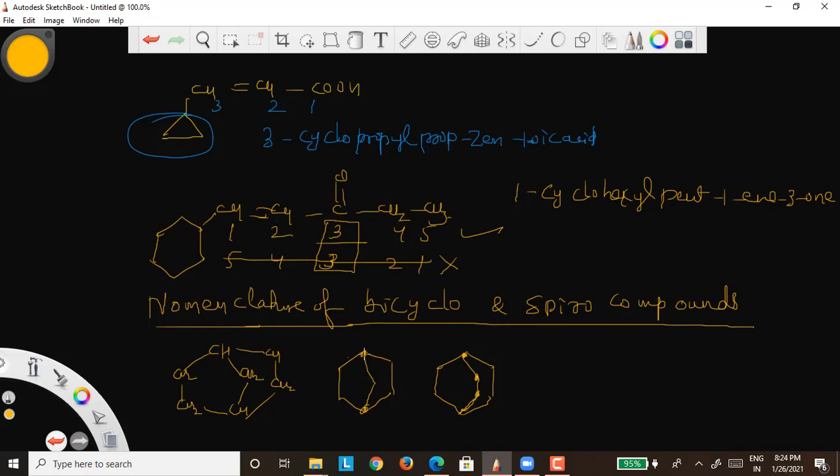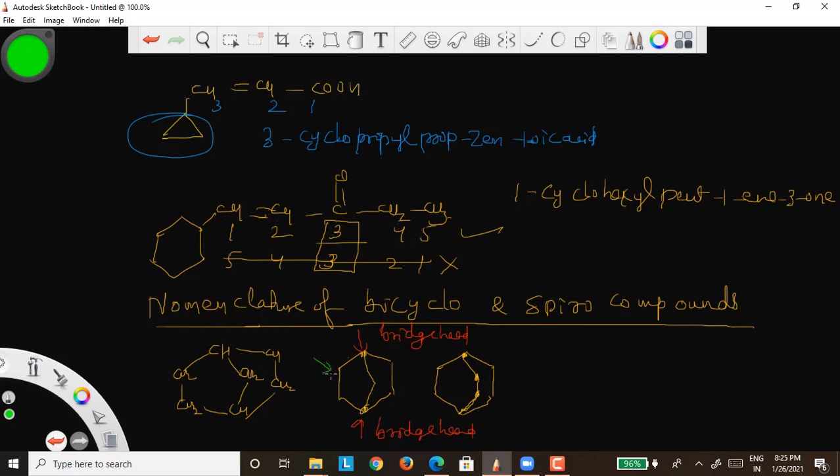So here, this carbon and this carbon connect both the rings with the help of the bridge. So this connecting carbon is known as bridgehead. These two are bridgehead. This is also bridgehead. So these two are bridgehead, and these two are bridgehead.